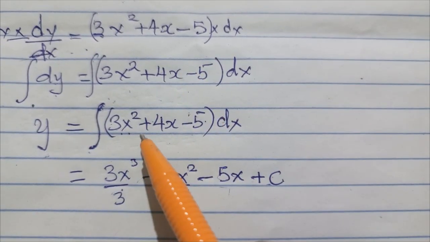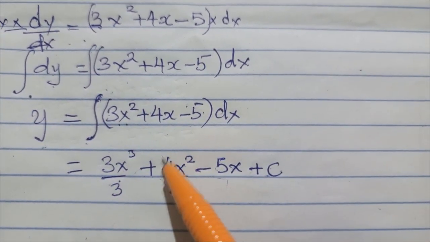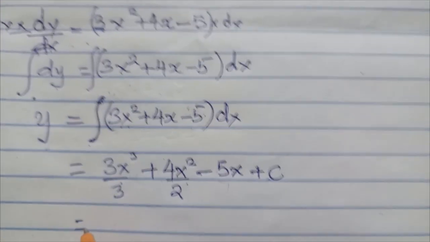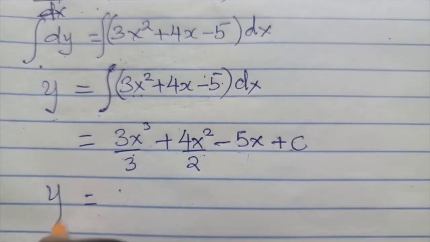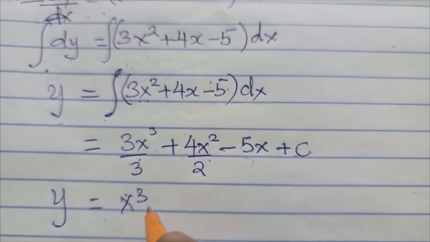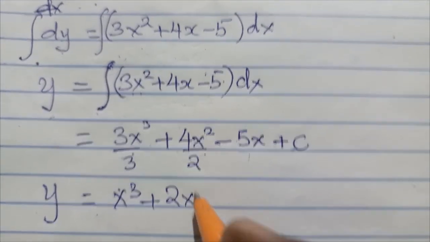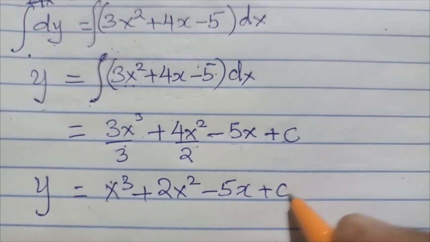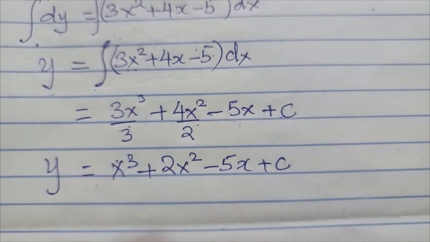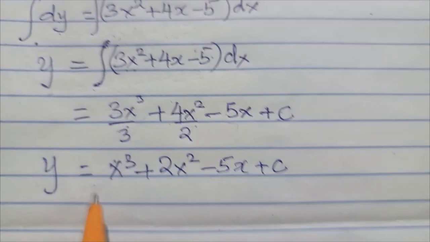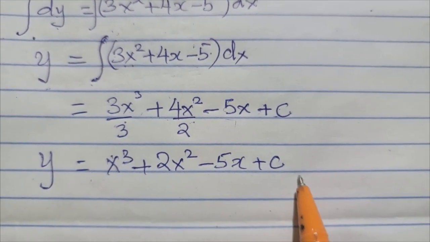So it can be used for different curves, and that's why we add a constant. So this simplifies to y is equal to x cubed plus 2x squared minus 5x plus c. If we are not given any other condition, this would be our final answer.